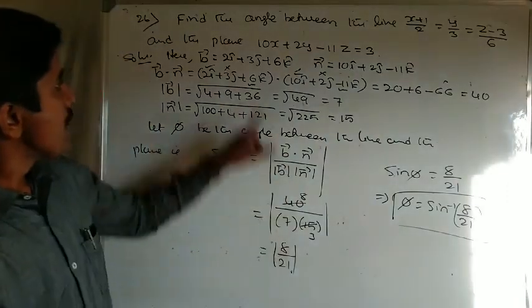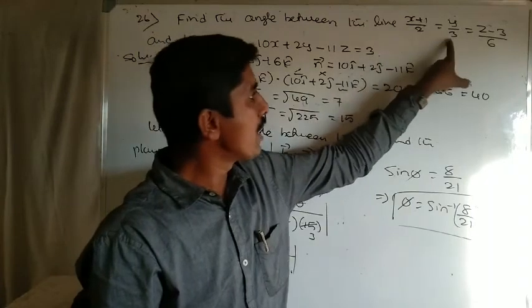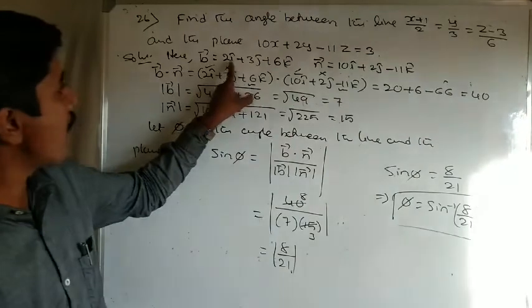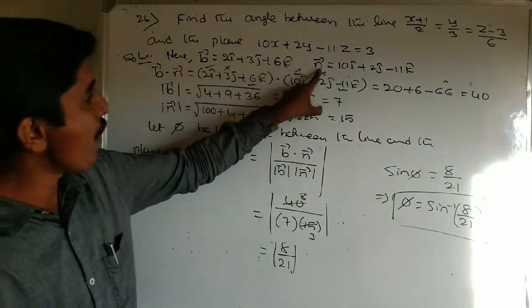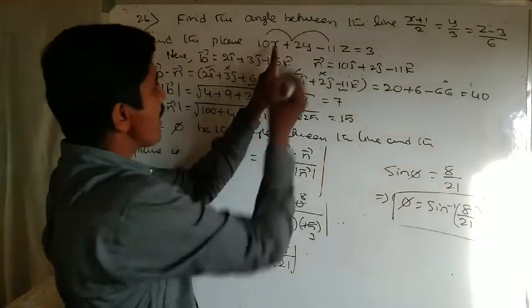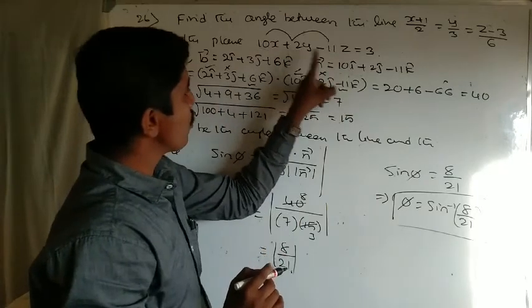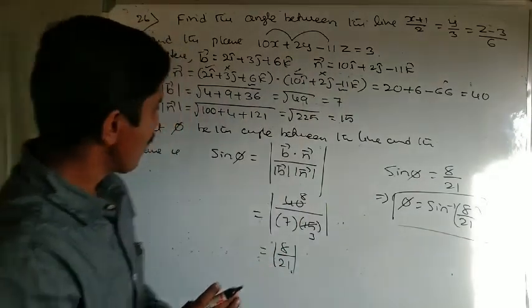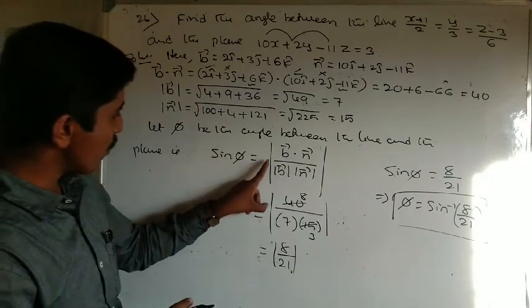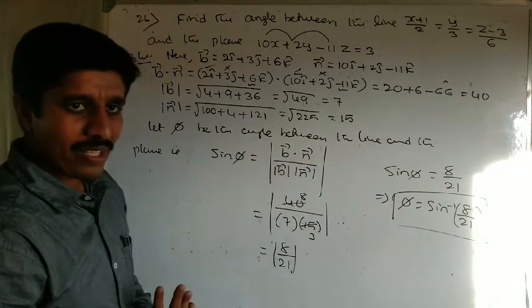Once again: vector b means direction ratios of the line 2, 3, 6, in vector notation 2i plus 3j plus 6k. Vector n is normal to the plane, with direction ratios 10, 2, minus 11, in vector notation 10i plus 2j minus 11k. The formula is sin phi equal to modulus of vector b dot vector n by magnitude of vector b times magnitude of vector n.